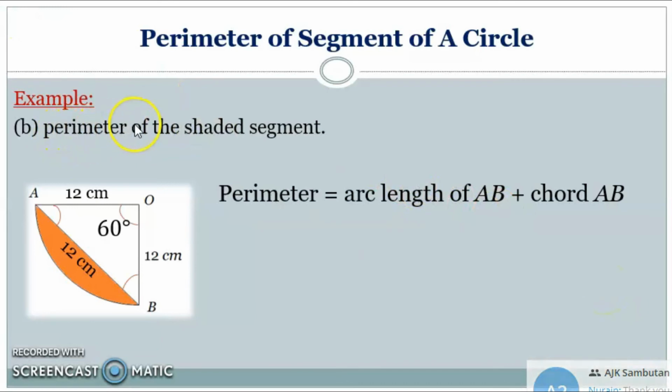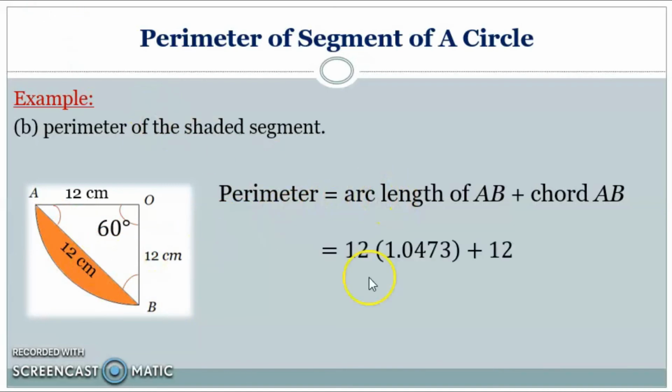For part B, the perimeter of the shaded segment can be found by adding the arc length AB with chord AB. Arc length AB is equal to 12 times 1.0473 radian, and the chord AB is equal to 12 cm.